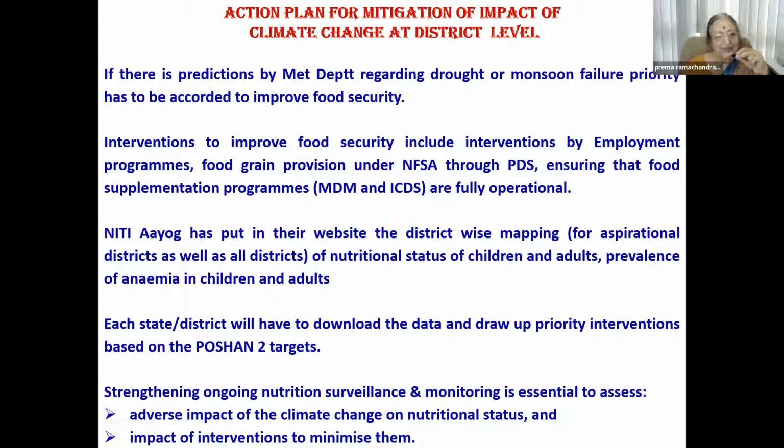And finally, this is truly aspirational, but we have to aspire. Each district should download the data and draw priority interventions based on the Poshan tracker and Poshan targets. This will, to some extent, strengthen the ongoing nutrition surveillance and monitoring, help in early warning, and minimize adverse impact.